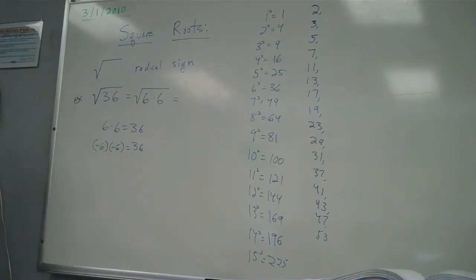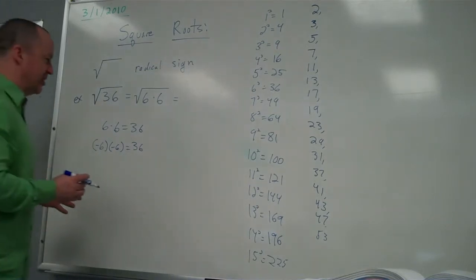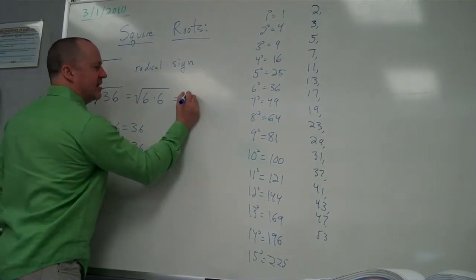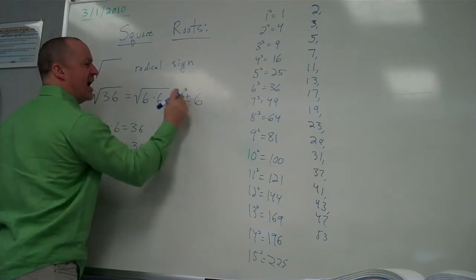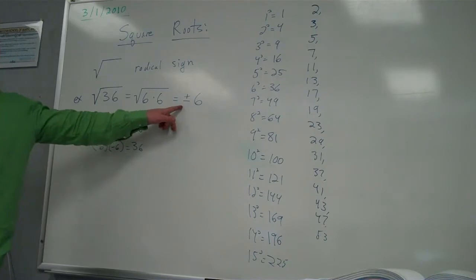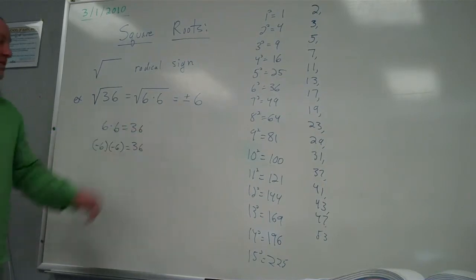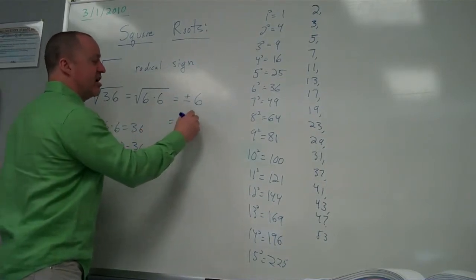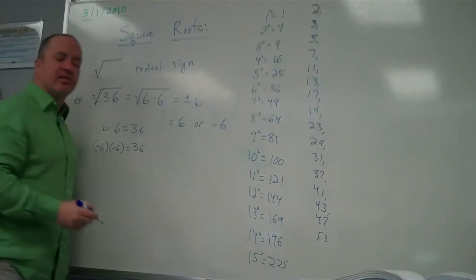So these sort of have 2 possible answers, but I'll tell you what your Algebra 1 book does, and your Algebra 2 book will change this a little bit. I learned that this answer was either positive or negative 6. And this plus or minus sign represented both possibilities. This means it equals 6 or it equals negative 6, and either is okay.